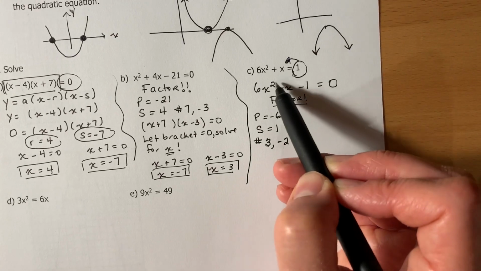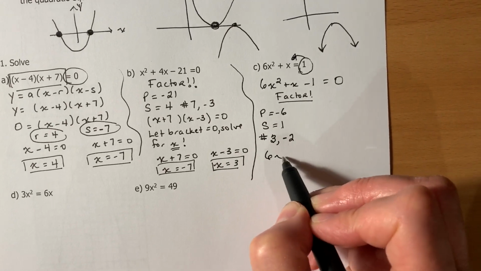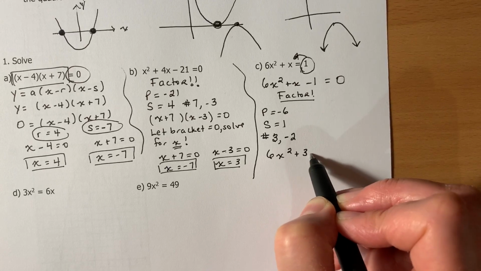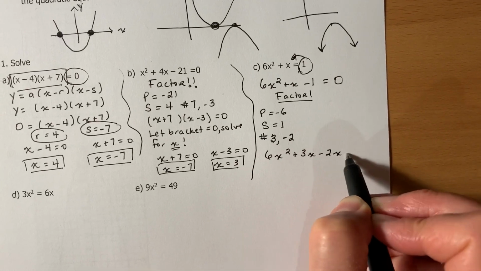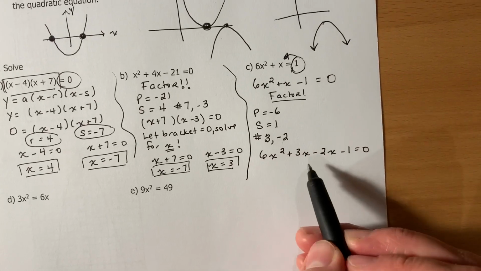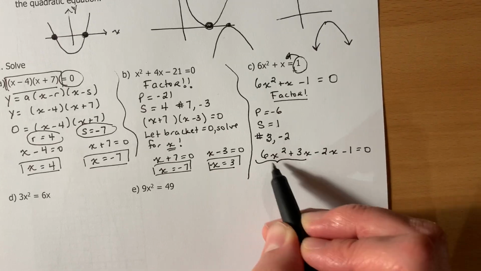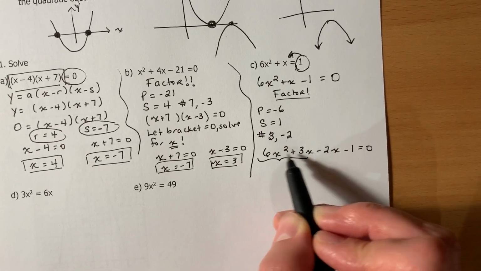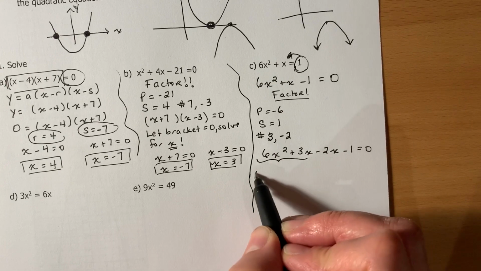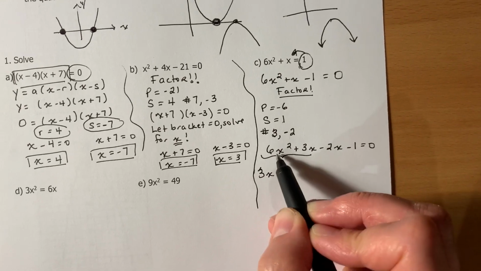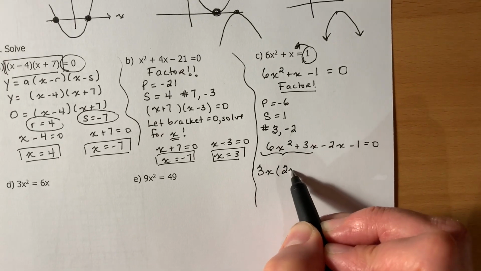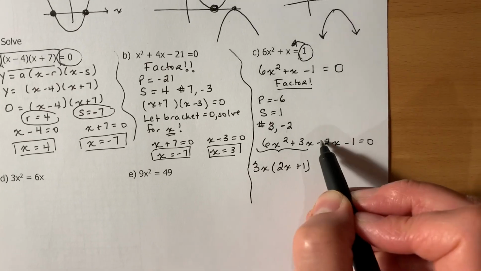Remember, you need to rewrite the middle term, so all the factoring techniques from chapter 5 come back. Okay, so remember, rewrite the middle term. Now you factor by grouping, looking for the common factor between the first two, which is 3x. Divide each of these by 3x. I get 2x plus 1.